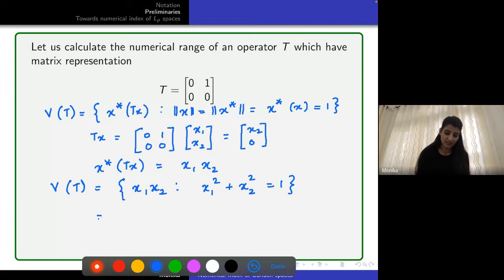More than that, we can say it's x1 times square root of 1 minus x1 square when x1 belongs to 0 to 1. This was a very simple example to compute the numerical range of an operator.